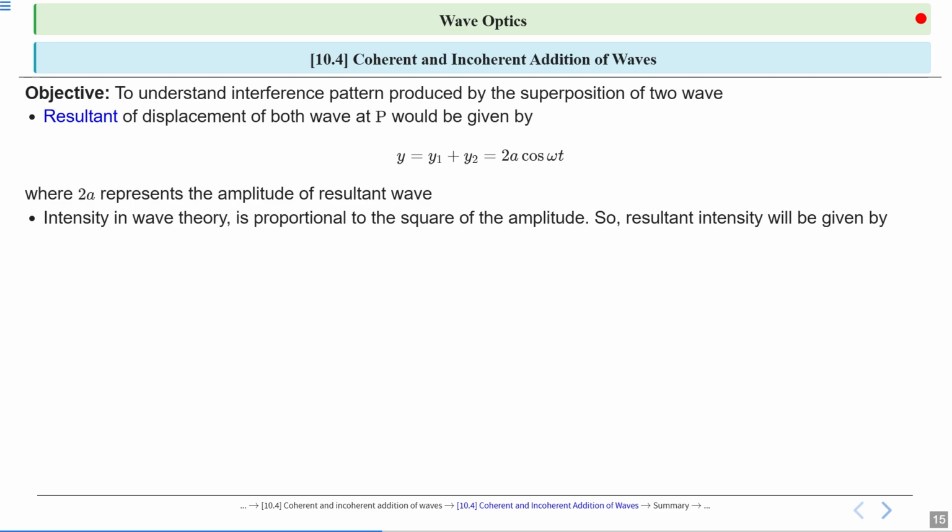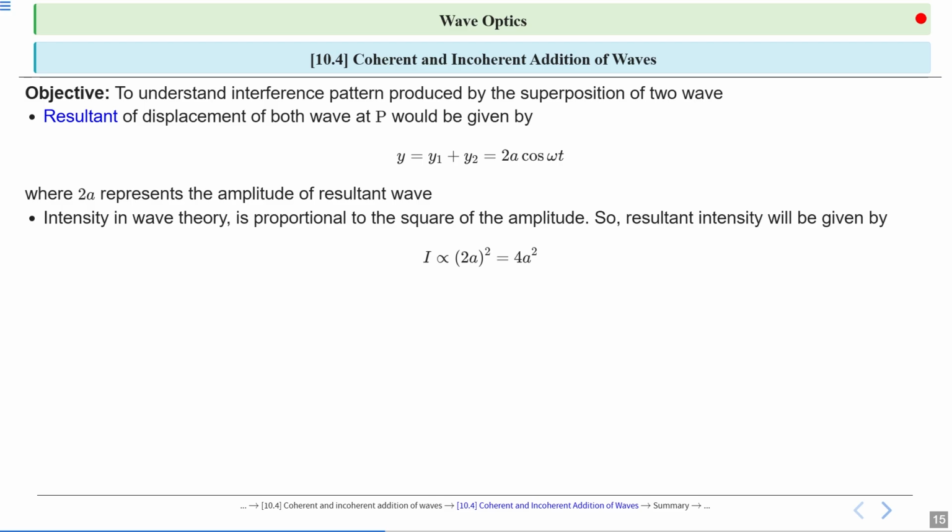So intensity in wave theory is proportional to the, okay, this thing we have discussed. Now you know what amplitude is. Maximum displacement of a wave is known as amplitude. So intensity in wave theory is proportional to the square of amplitude. So the resultant intensity will be proportional to the square of the amplitude of the resultant wave.